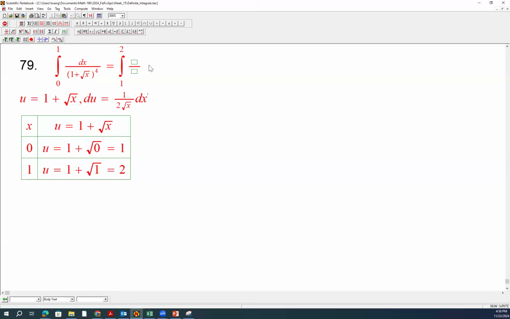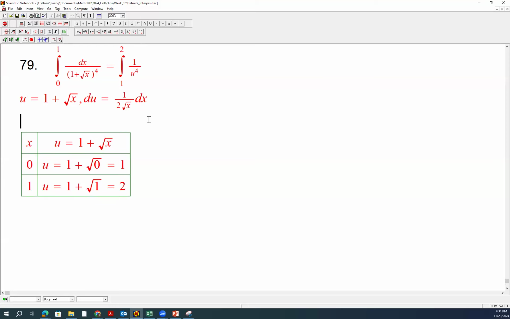And then we got 1 over u to the power 4, and then dx. We cannot completely get rid of the x, right? We have a root x here, but no fear.